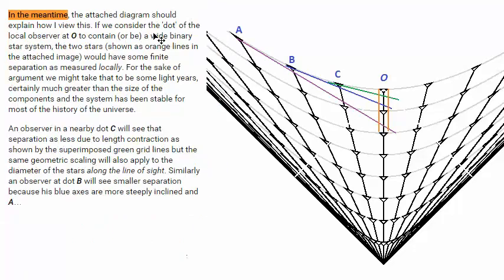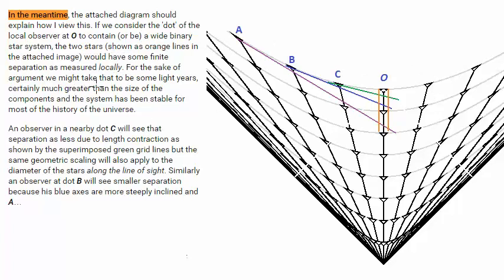This says, if we consider the dot of the local observer at O to contain or be a wide binary star system, the two stars shown as orange lines in the attached diagram would have some finite separation as measured locally. So hence not Hubble observers. They would have finite separation as measured locally.